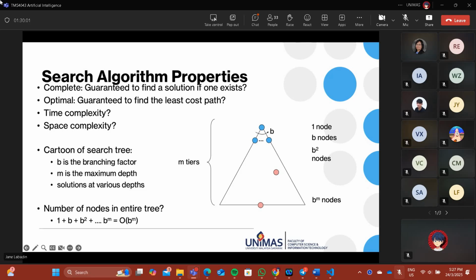Depending on your branches, that would be the order of B to the M. That would be the total nodes you have, because it depends on the states.